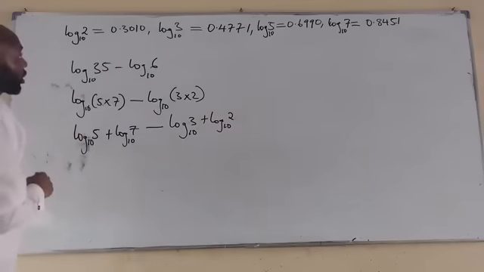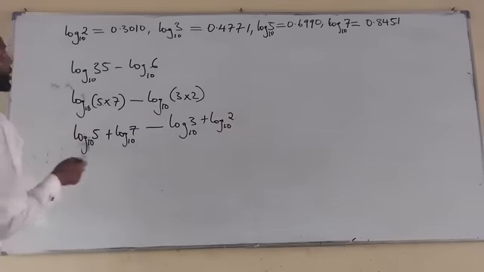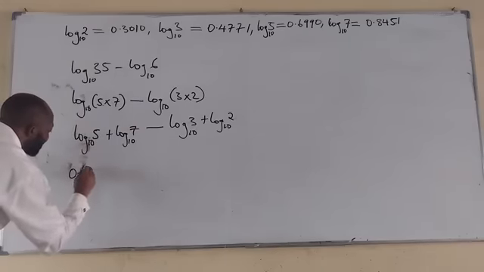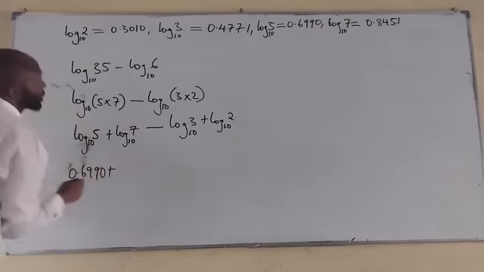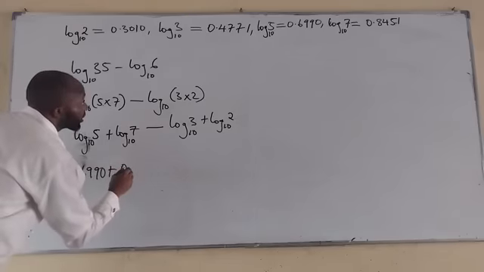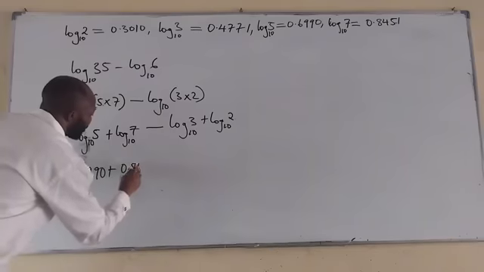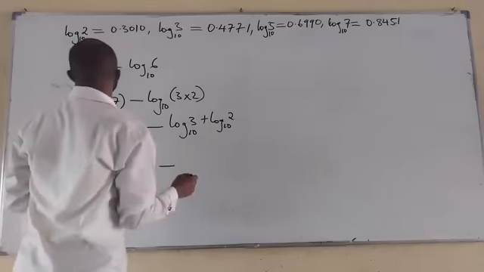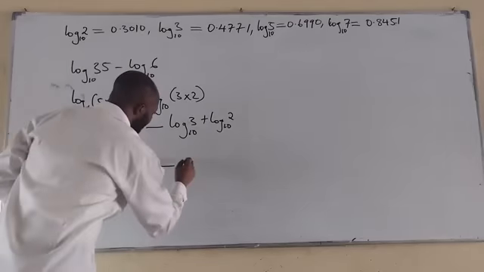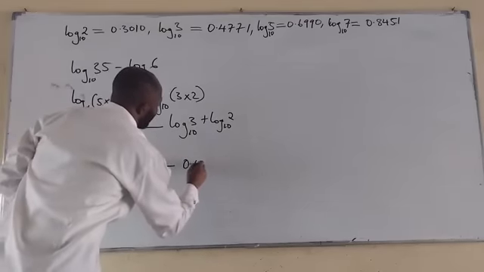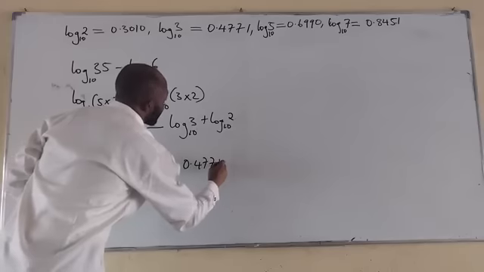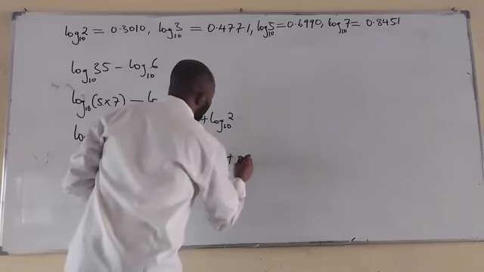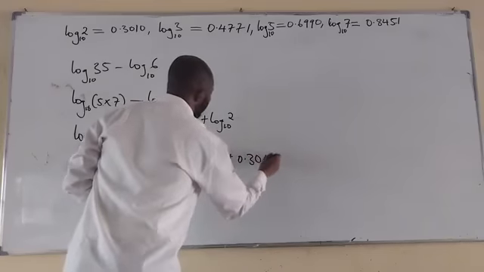Substitute. Log 5 in base 10 is 0.6990 plus log 7, 0.8451, minus log 3, 0.4771, plus log 2, 0.3010.